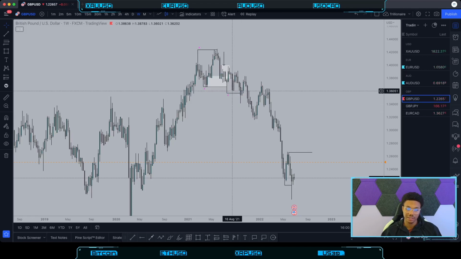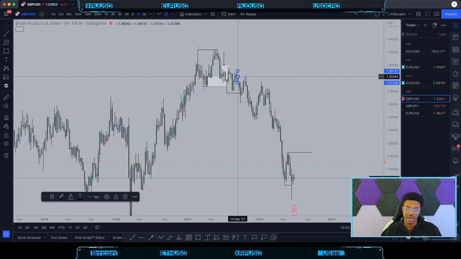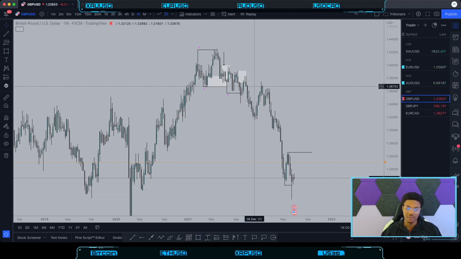A failed reaction with this nice push to the upside. Price then takes out that failed reaction and that demand, and we have the supply responsible for flipping it here. Price returns back to this supply that was responsible for flipping, pushes to the downside once again, giving us another break of structure to the downside.